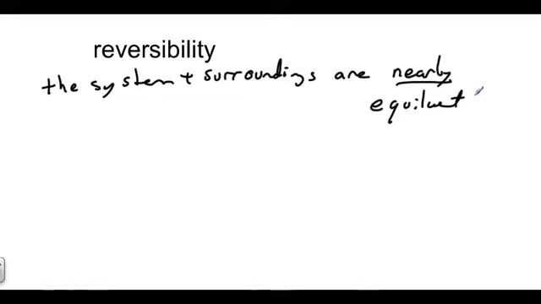So what do we mean nearly equivalent? We could say that P external is approximately equal to P of the system, or T external is approximately equal to T of the system. And we can go on like this.